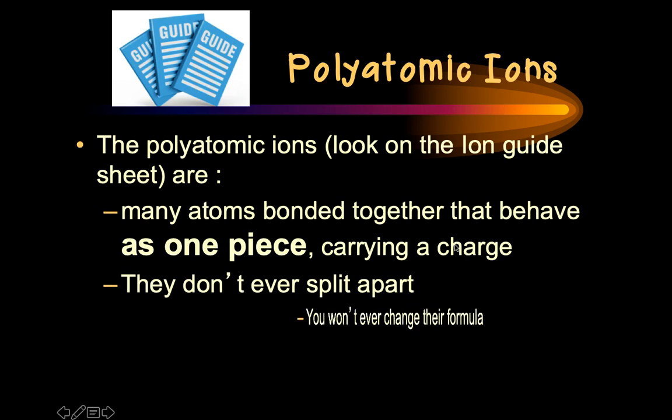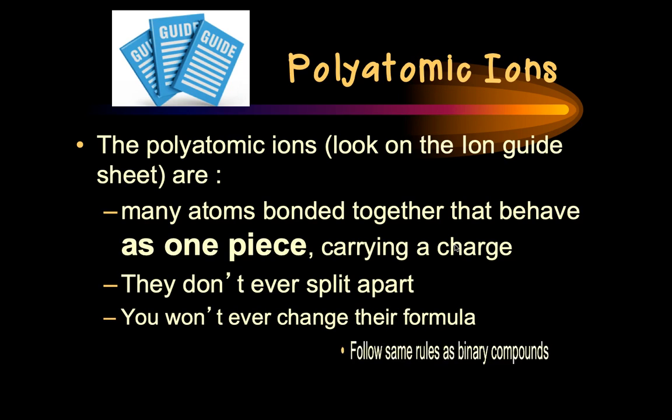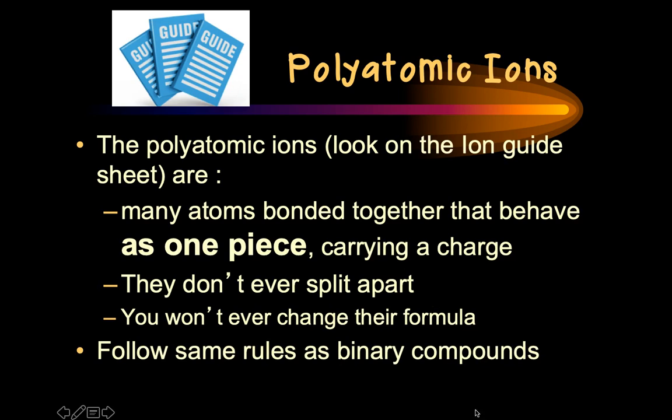They don't split apart and they don't change their formula. So you just copy them from the ion guide sheet and they follow the same rules that we just learned for binary compounds. Symbol and charge of the positive, symbol and charge of the negative, make the charges balance. The only thing that's different is you might not be just using the periodic table. You might be using an element with a polyatomic ion.